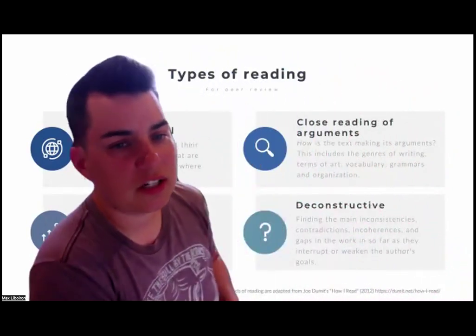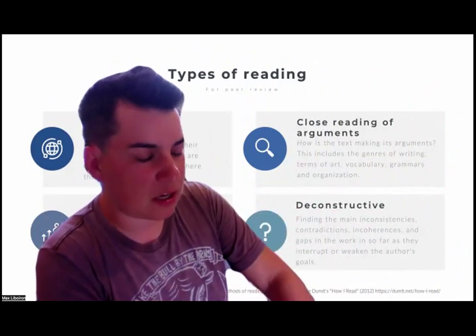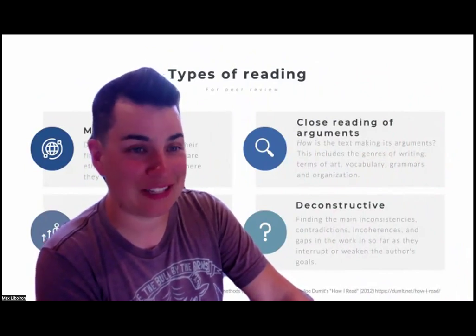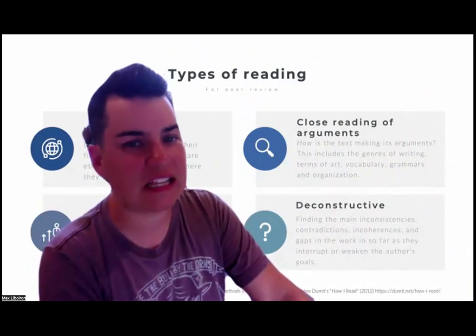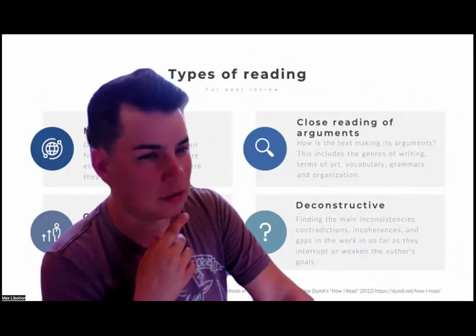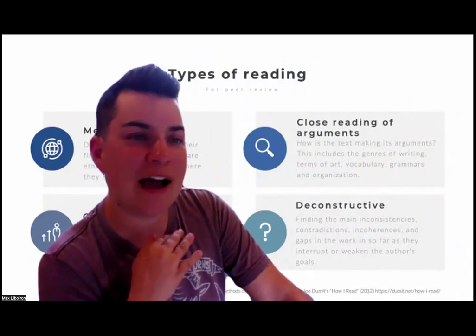And then deconstructive is what bad peer review looks like. I don't think doing deconstructive is bad. I think only doing deconstructive is bad. This is what is often called critique. It's also very dude bro nasty core, or it can be that way. It doesn't have to be that way.